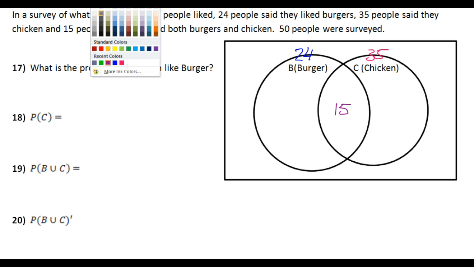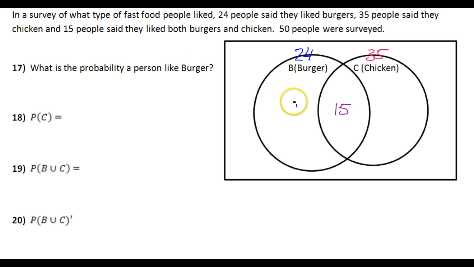So that's going to be 9 people in the burger only section. So altogether, the 15 people that like burgers and chicken, plus the 9 people who like only burgers, that's where the 24 comes in. 24 total people who enjoy a burger.